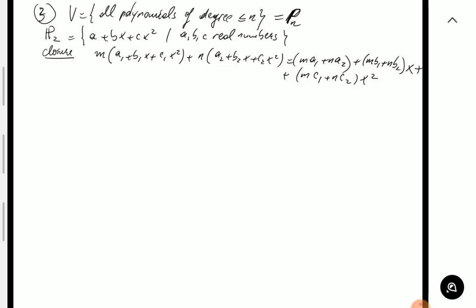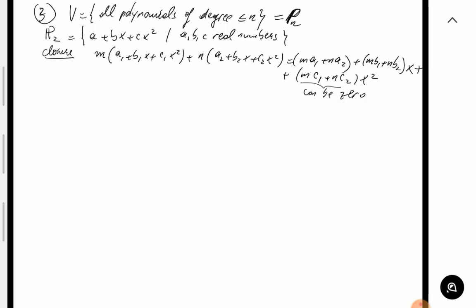Why is it less than or equal to and not just equal to? Well, the reason is that under this operation, you cannot guarantee that you preserve the degree. This coefficient can be any real number, including 0. So for this to satisfy the axioms of a vector space, we need to take the polynomials of degree less than or equal to a certain degree.